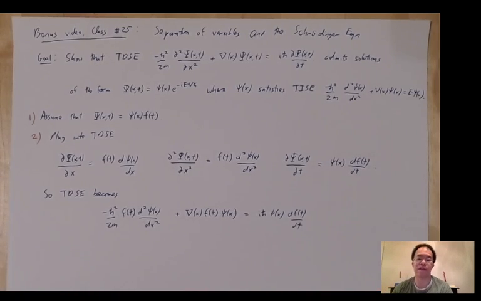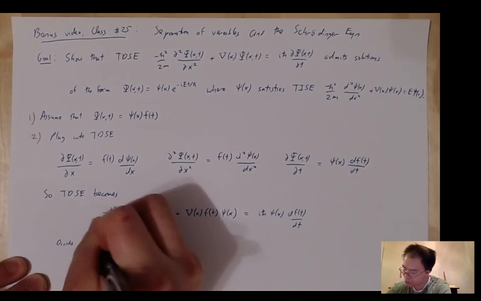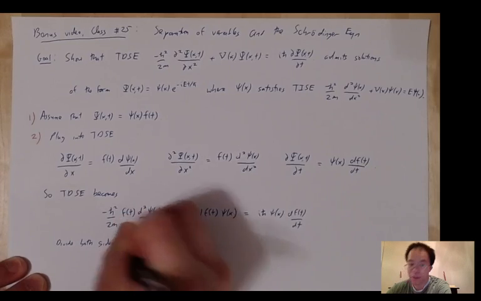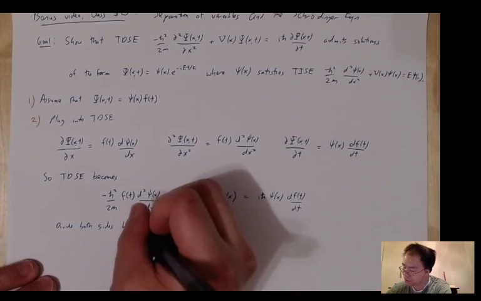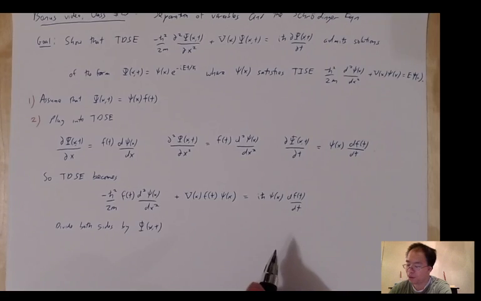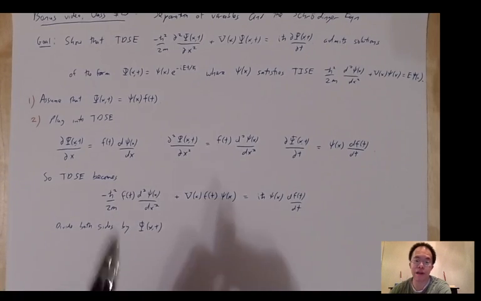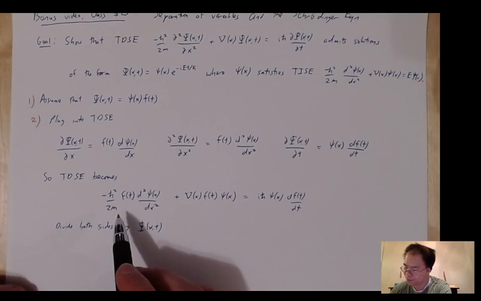Okay, so the next step is to divide both sides by the full wave function, so the product lowercase psi and f. So let's see what happens term by term here.